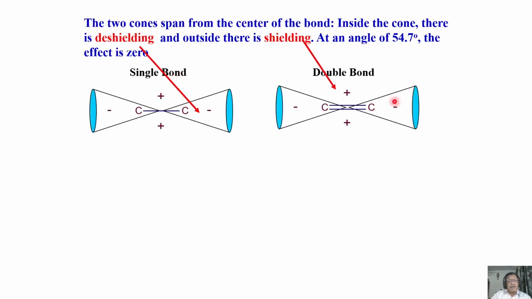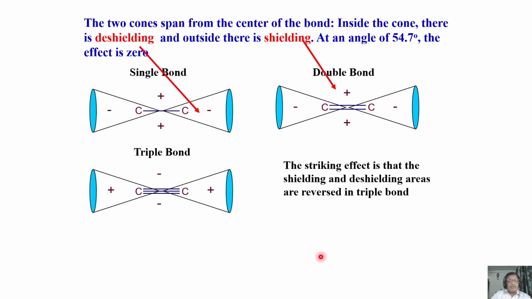Now as a function of theta, you can plot it. What happens for a single bond, a CC bond? What happens to a C double bond? And what happens if you take a triple bond? Interesting things. In each of these cases, as a function of theta, if you use the McConnell equation and plot the charge densities, you will see that in a single bond and double bond, just above and below that bond, protons in this region get shielded.